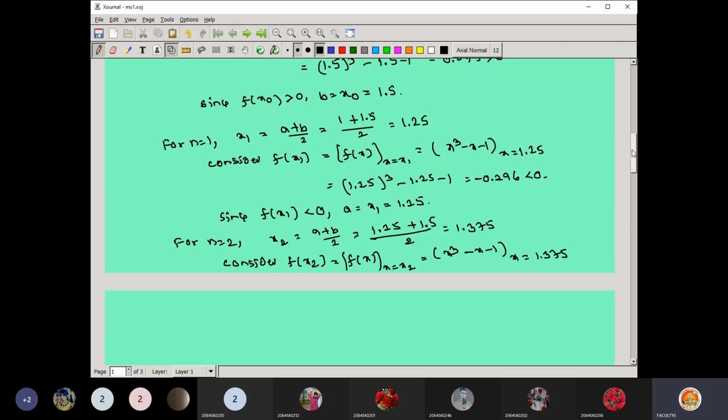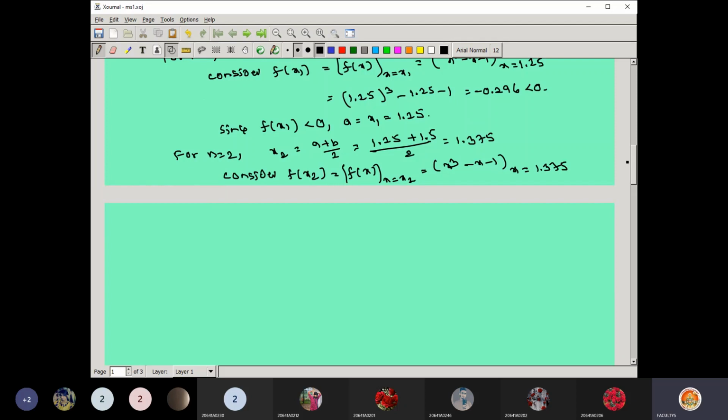Directly you substitute there. With the help of your calculator, better you calculate the answer. 1.375 whole cube minus 1.375 minus 1. So give me the answer. Plus 0.224. Again, you are not getting equal to 0.